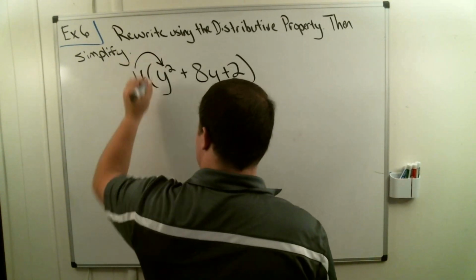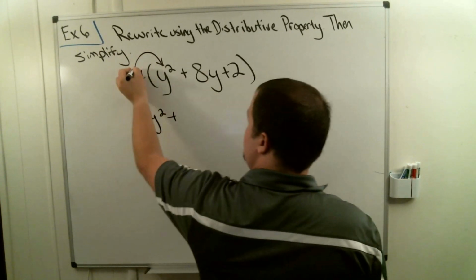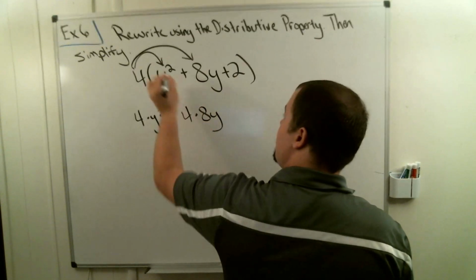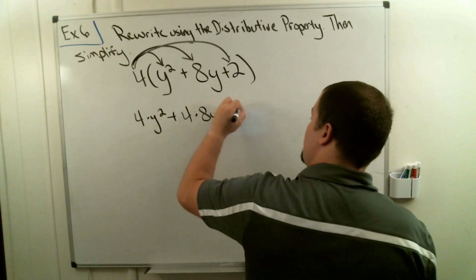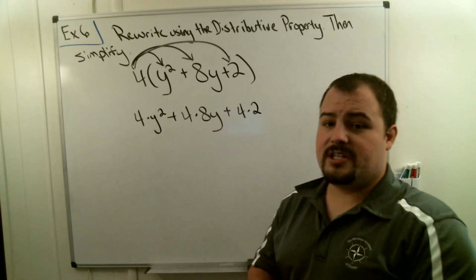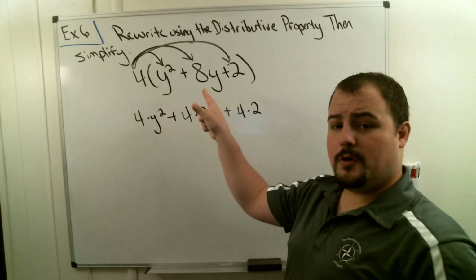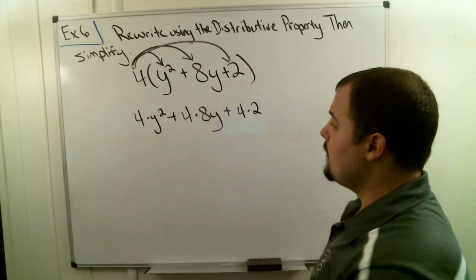So this is 4 times y squared, plus, this is 4 times 8y, plus, this is 4 times 2. So what we did was we took that 4, we multiplied it to y squared, we took the 4, multiplied it to 8y, took the 4, and multiplied it by 2.